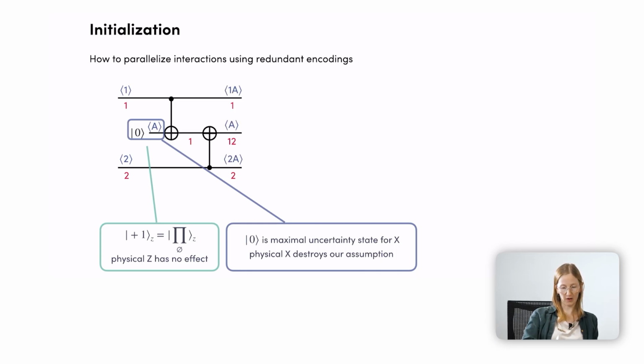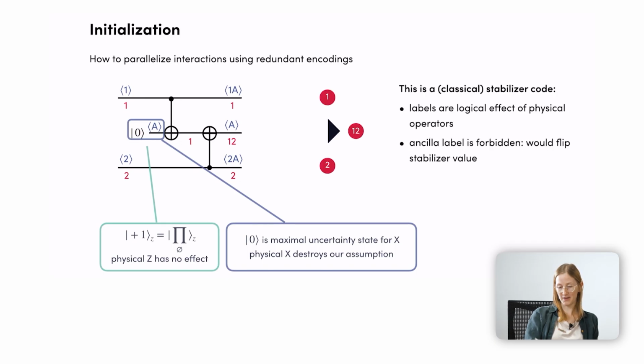So now if I move this A variable through the circuit, in the end I see that actually each of the qubits ends up with an A in their X label. And this actually tells me that on any of these qubits, I am not allowed to do a single X operation because they would flip this A value. They would flip the fact that I stabilize this qubit, or in other words, they would flip the stabilizer.